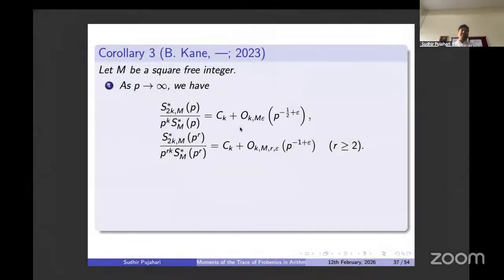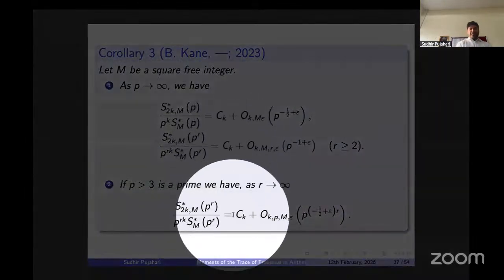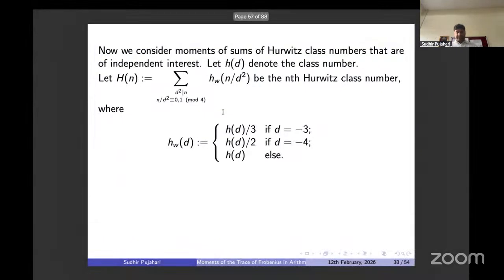These are very, very thin sets, but still the even moment is the Catalan number, whether we vary p going to infinity or r going to infinity. Either way, the even moments are going to be the Catalan numbers.